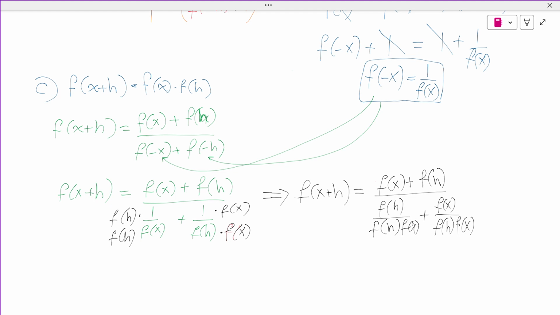Okay, we can now simplify further. This is f of x.